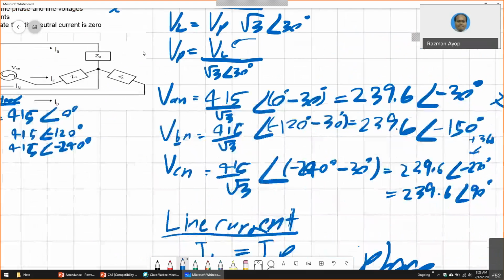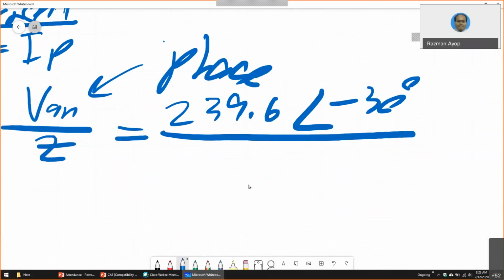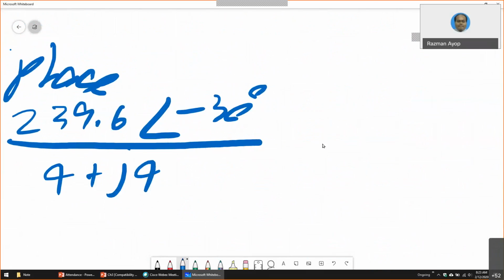So what is the answer? You use your calculator. 239.6, angle negative 30, divided by, don't forget the bracket, 4 plus 4i. And this is current, so you have to use the polar form.